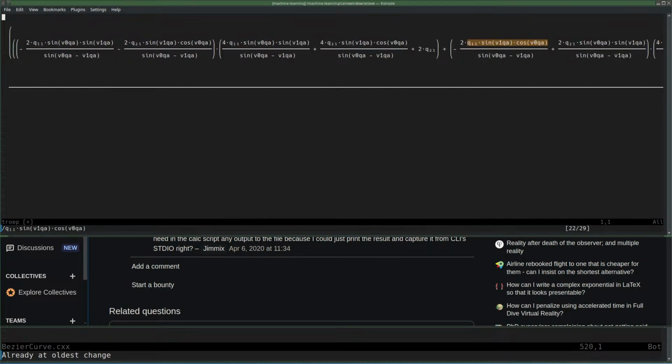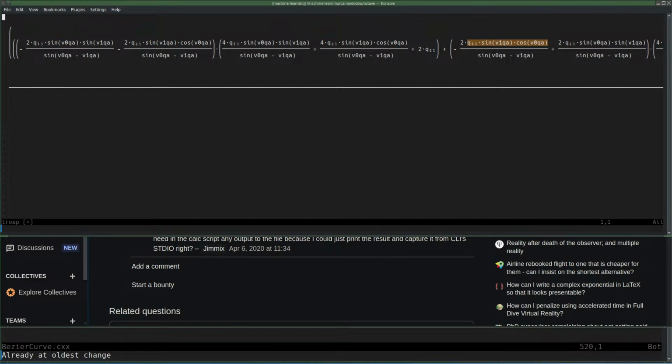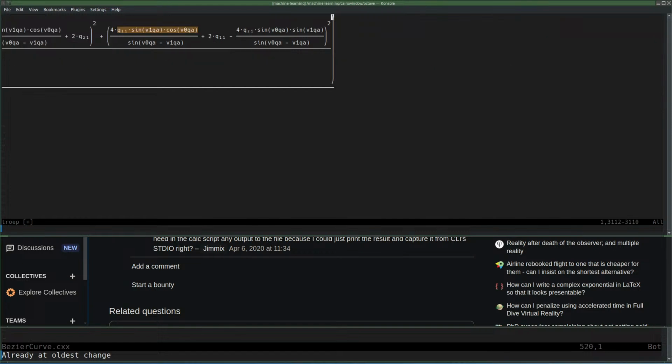So yeah, simplify. Or manually, I would be happy with it as well.